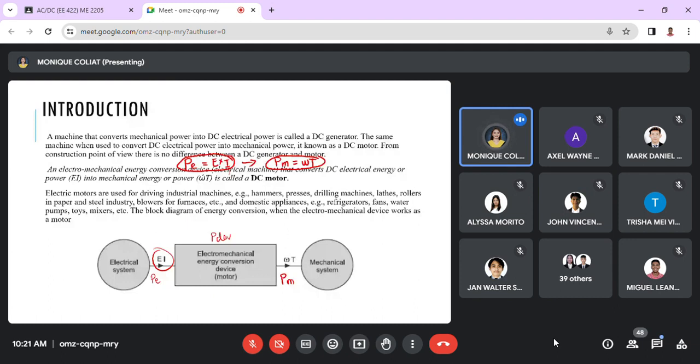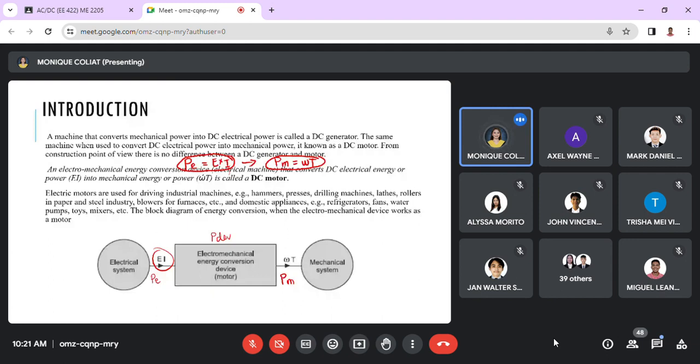Okay, so kayo naman nagkita na ng mga laruan na powered by battery. Yung napapaandar ng battery, may mga motor po yun sa loob. Kaya yun naandar, which converts electrical power to mechanical power.